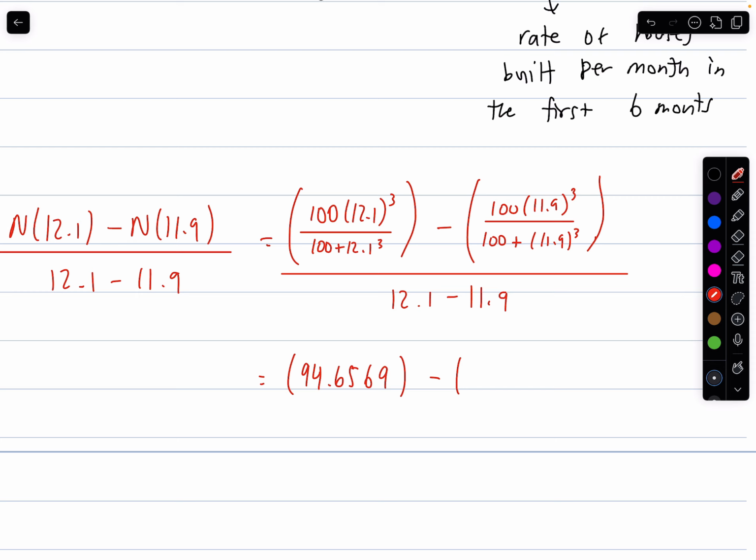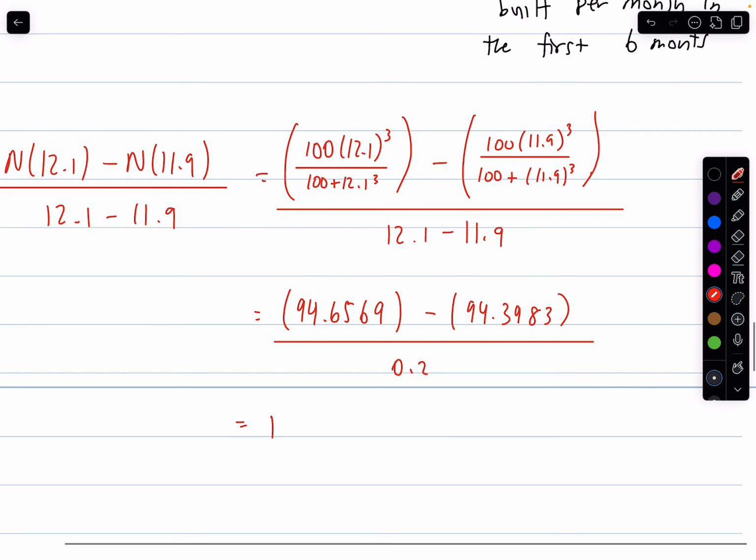So 11.9 cubed times 100 divided by 100 plus 11.9 cubed. You end up with 94.3983. All over 0.2. So 94.6569 minus answer, divided by 0.2.